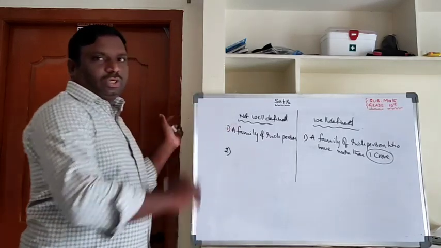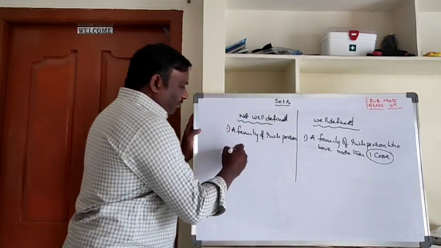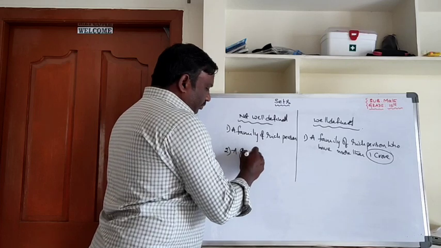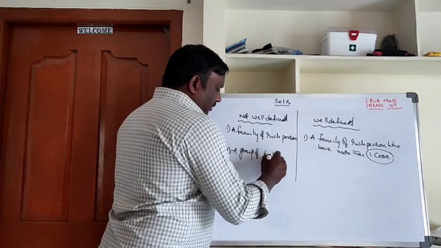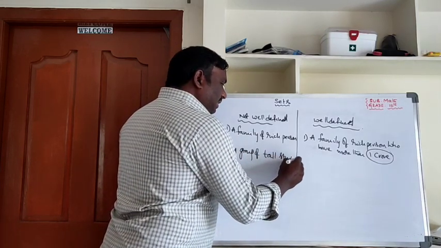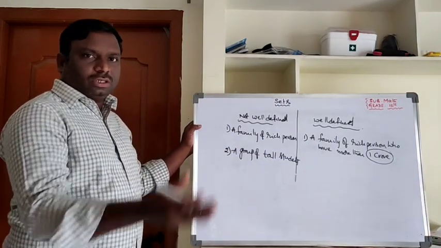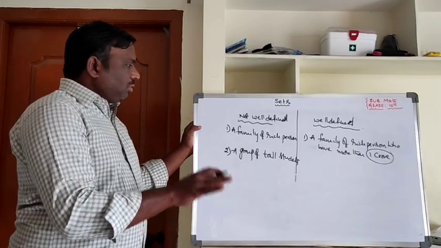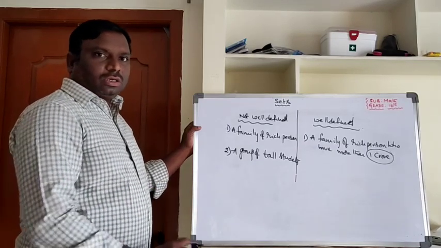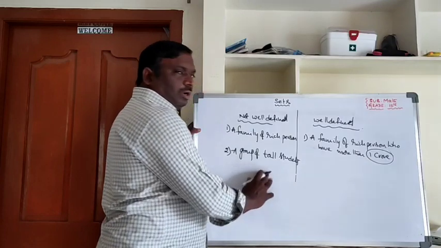Take one more example. A group of tall students. We cannot decide here who is the tallest person among all the tall students. So there is no common property here.